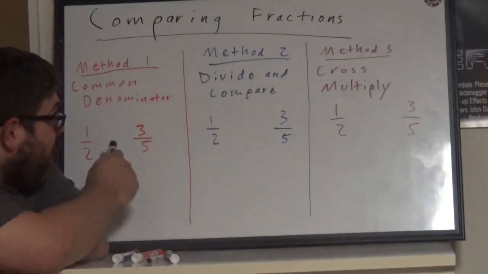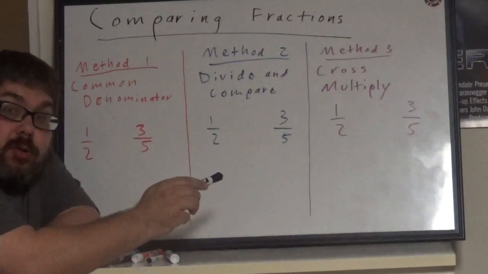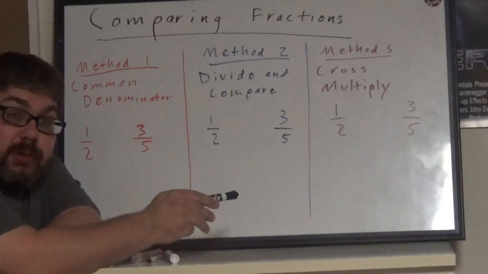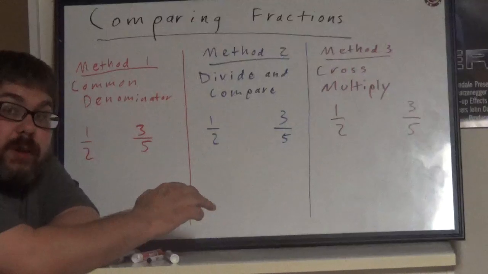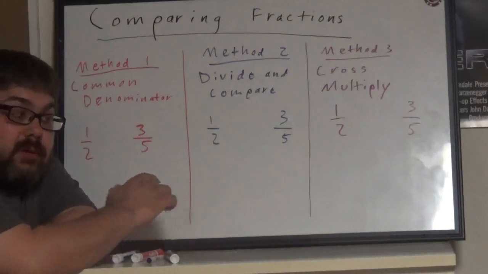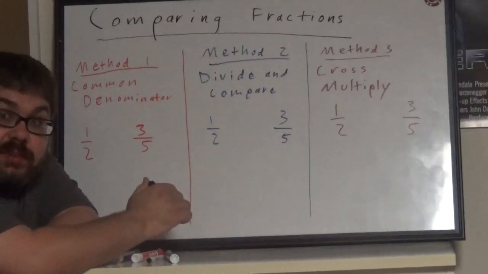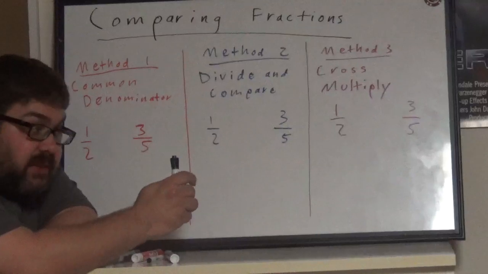So 1/2 compared to 3/5. It's different to compare a number of halves compared to a number of fifths. They're different sizes. So we can find the same denominator and then we can easily compare the sizes because we'll be comparing the same sizes.